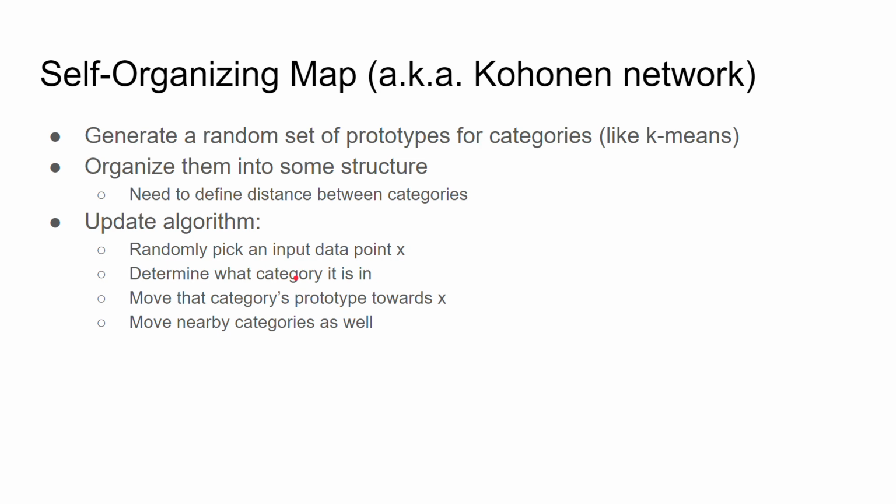But I'm not saying choose the one it's closest to and the one it's second closest to. That's not what I mean here. What I mean is the category that it's closest to and those categories that are close to that category in the structure that I've set.